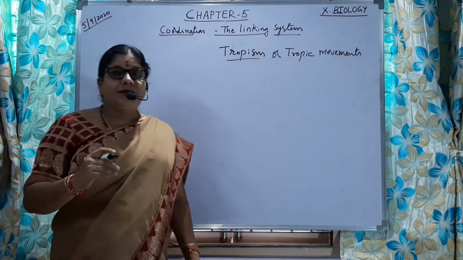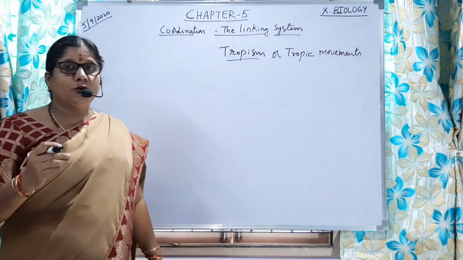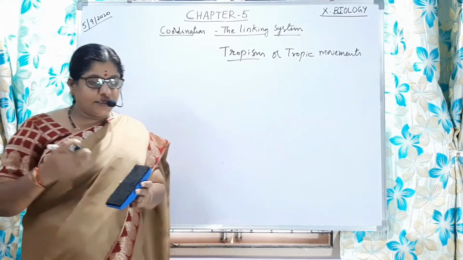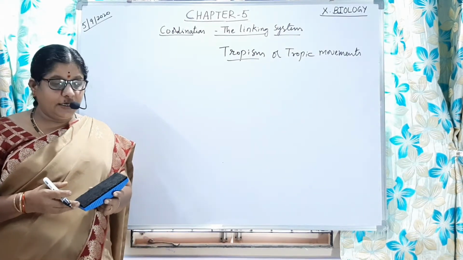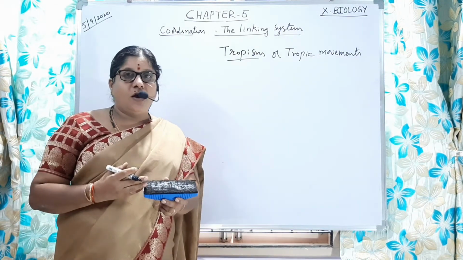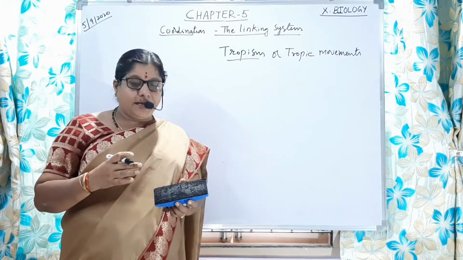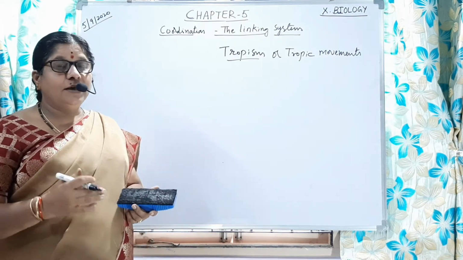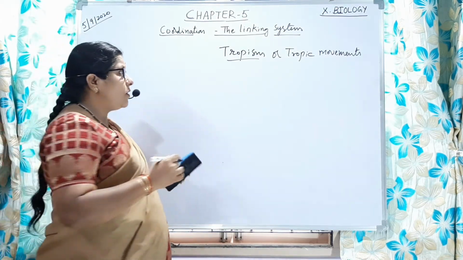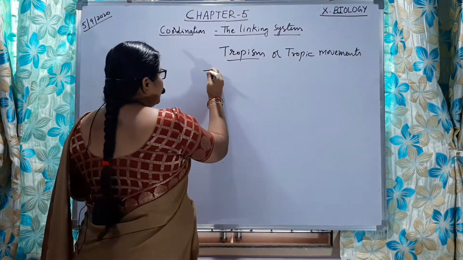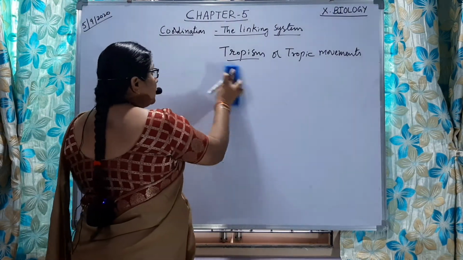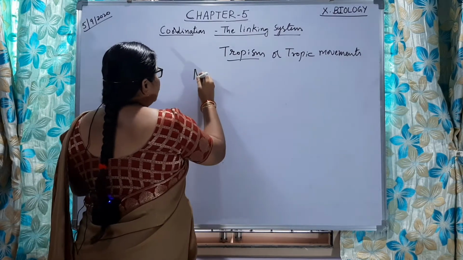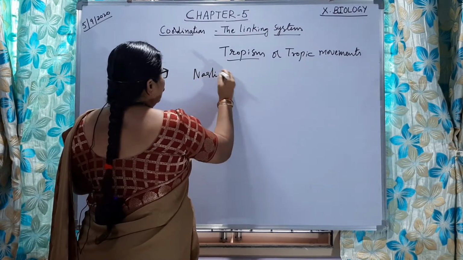Sometimes the direction of the stimulus determines the direction of the movement, or sometimes the direction of movement may not be determined by the direction of the stimulus. Such responses to touch are called thigmotropism. When the movement in plant parts is not determined by the direction of the external stimulus, those movements are called nastic movements.